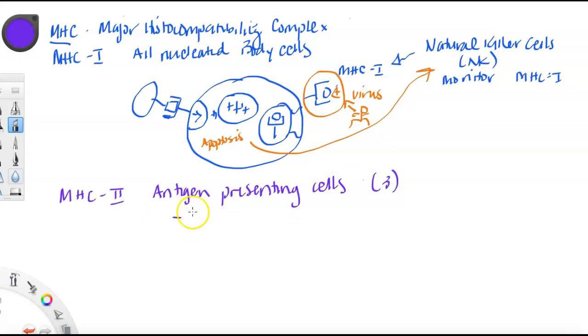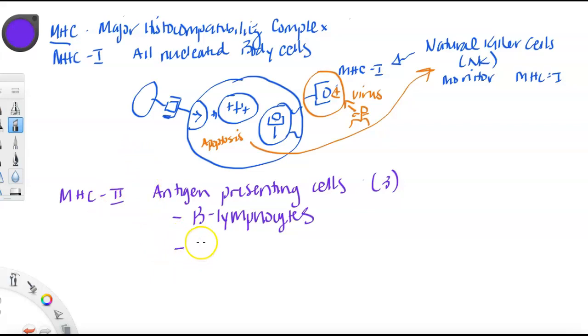Okay, so we have B lymphocytes, and keep in mind, B lymphocytes are the cells that can bind to antigen itself in the body fluids, and then it brings in that thing, breaks it down, and then presents it on its MHC2 so that it can be activated by a helper T cell. Okay, so it presents the antigen to a T cell.